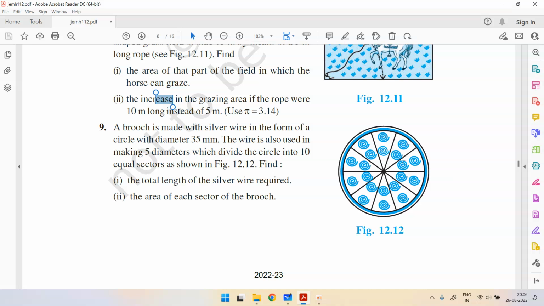The wire is also used in making 5 diameters which divide the circle into 10 equal sectors as shown. Find the total length of silver wire required, and the area of each sector.